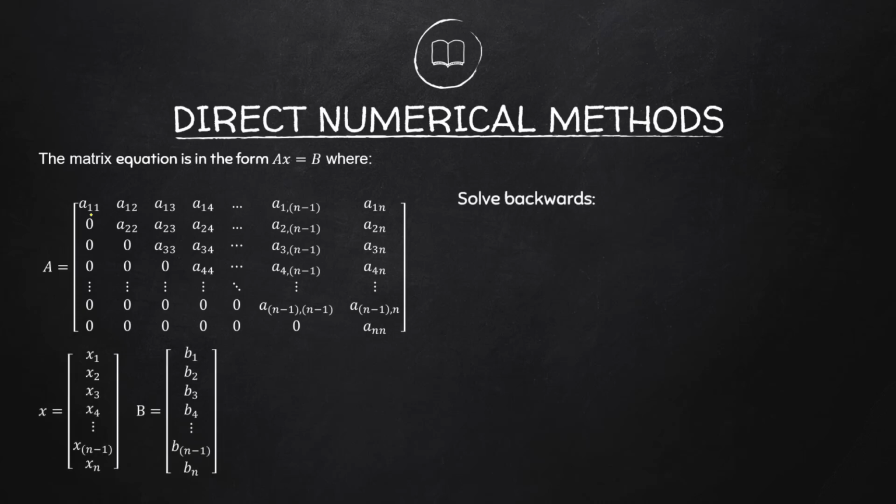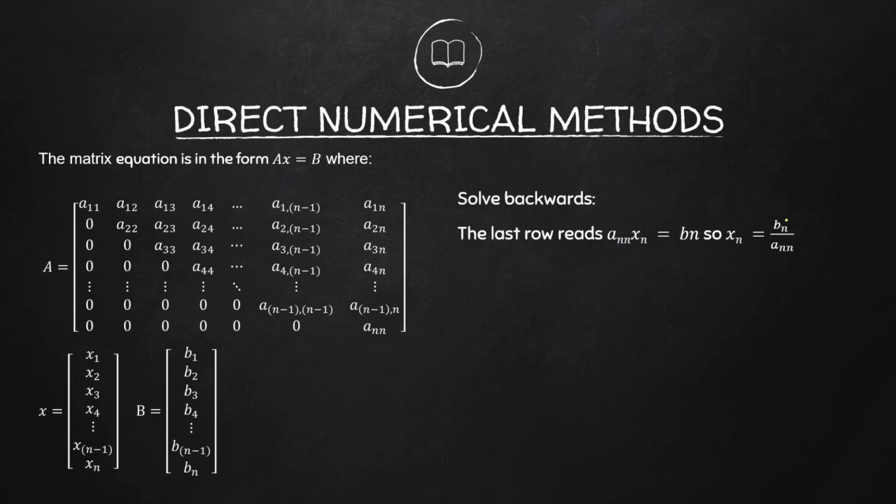To solve this, we are going to solve backwards, or from the last row. If you transform this into its augmented matrix, you can have this easily read. So the last row reads that ANN, this one, times the variable is equal to the constant at that specific position.